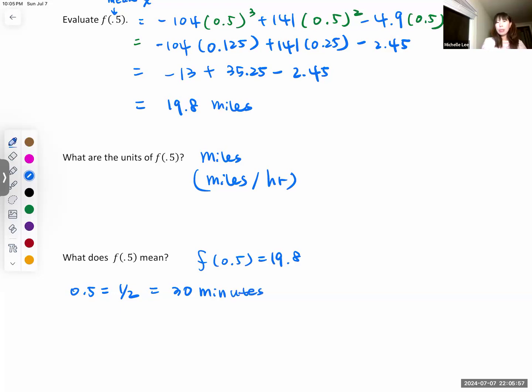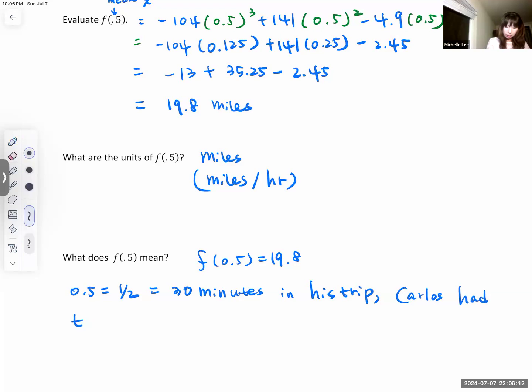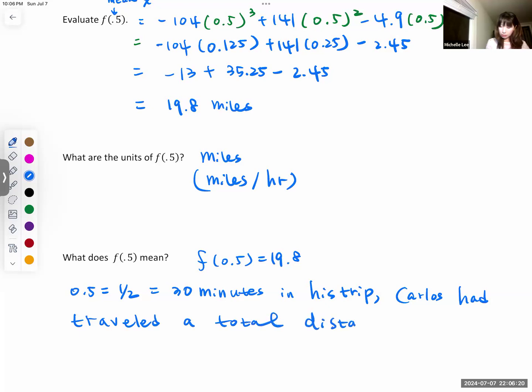So we can say that 30 minutes into his trip, Carlos had traveled a total distance of 19.8 miles.